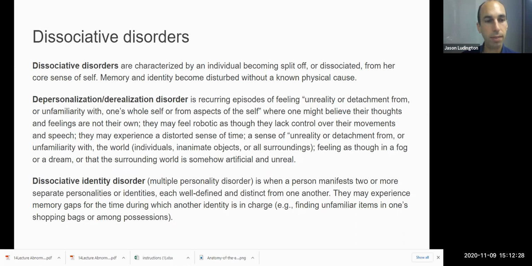So you might have a susceptibility to dissociative identity disorder and bipolar, but bipolar might be more easily triggered. It can be triggered with less stress and so forth.